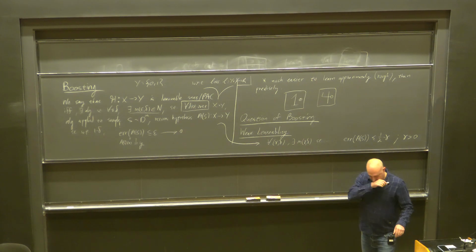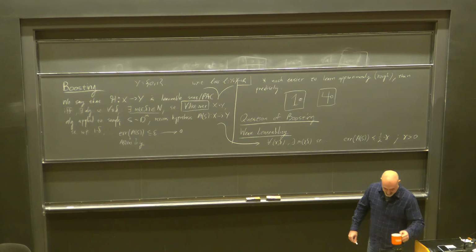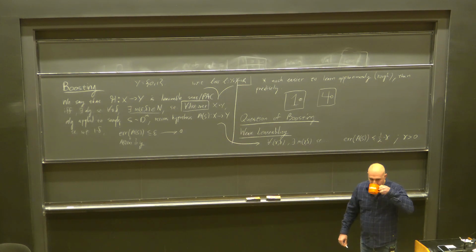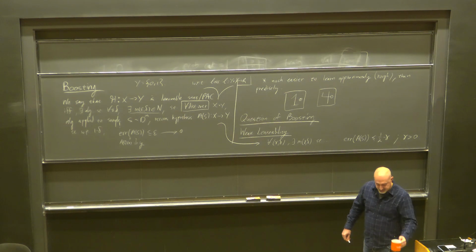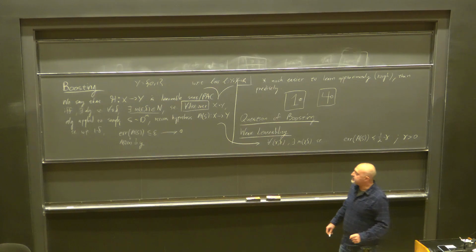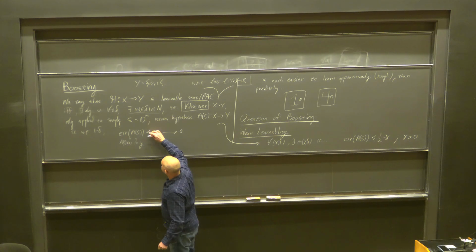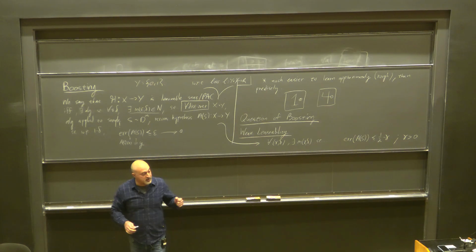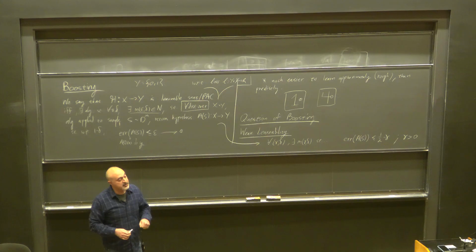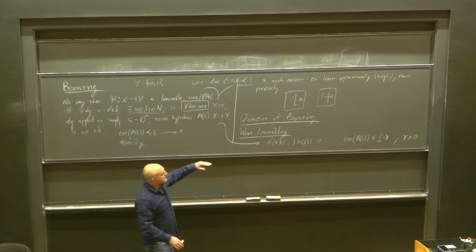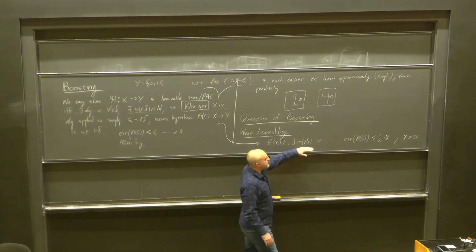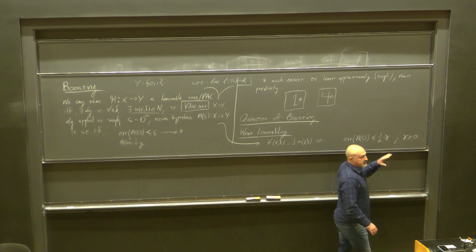Yep. So how is this different from the original PAC learnability? So original PAC learnability requires my error to go to 0. So for every epsilon, there should be some sample that will ensure I'm getting an error of less than epsilon, with very high probability. This definition of weak learnability only requires the algorithm to return something that's better than chance.